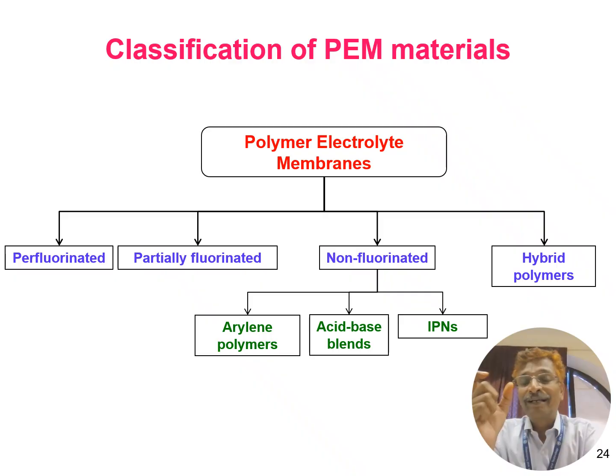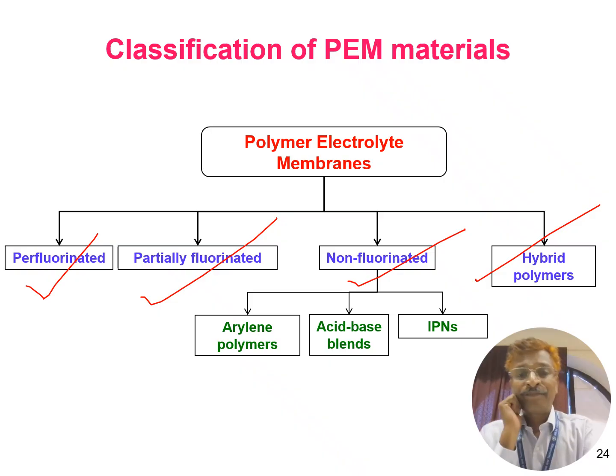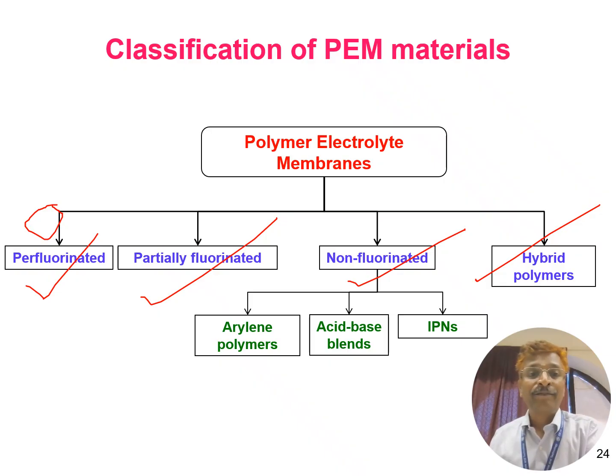These electrolytes can be further classified into various categories: perfluorinated, partially fluorinated, non-fluorinated, and hybrid membranes. Among the four categories, the perfluorinated one is called the Nafion membrane, PFSA membrane. This is widely used and commercially available.